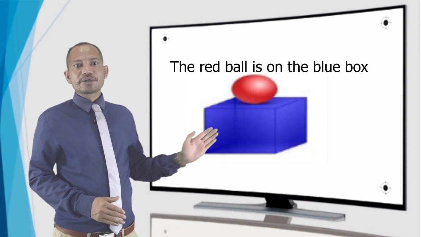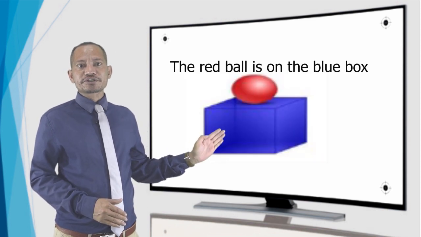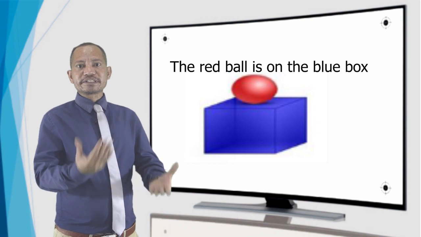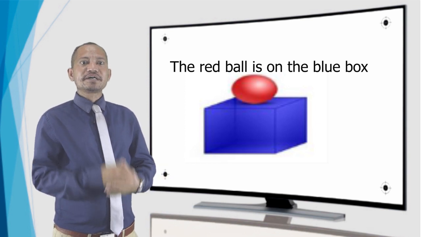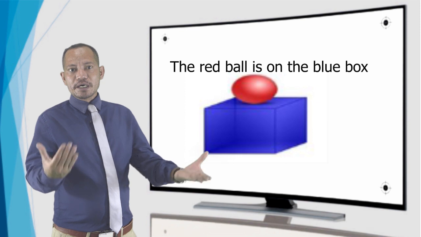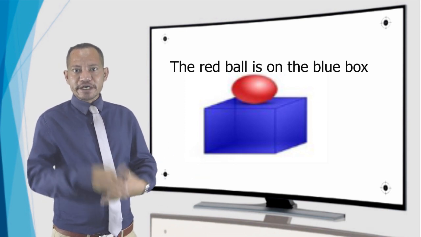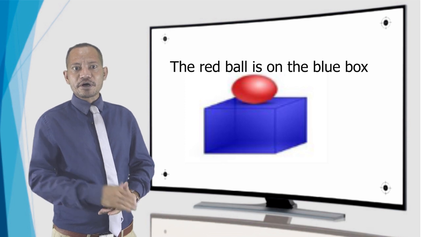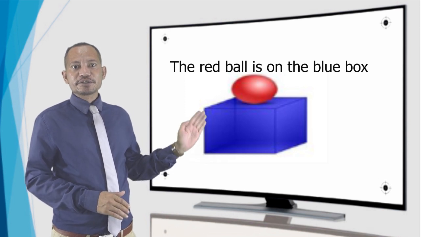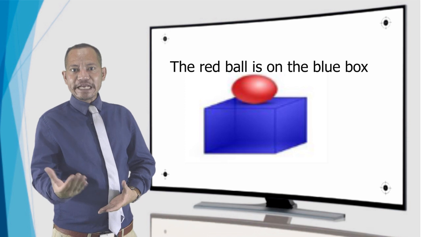For example, the red ball is on the blue box. So here we see that the position of the red ball is on the surface of the blue box, and that the two are in contact. So the blue box is the surface and the red ball is on it.